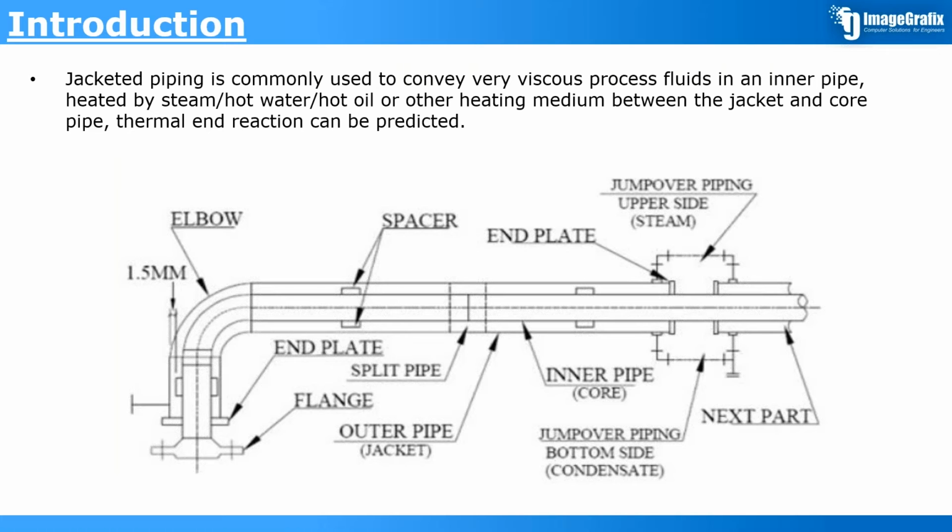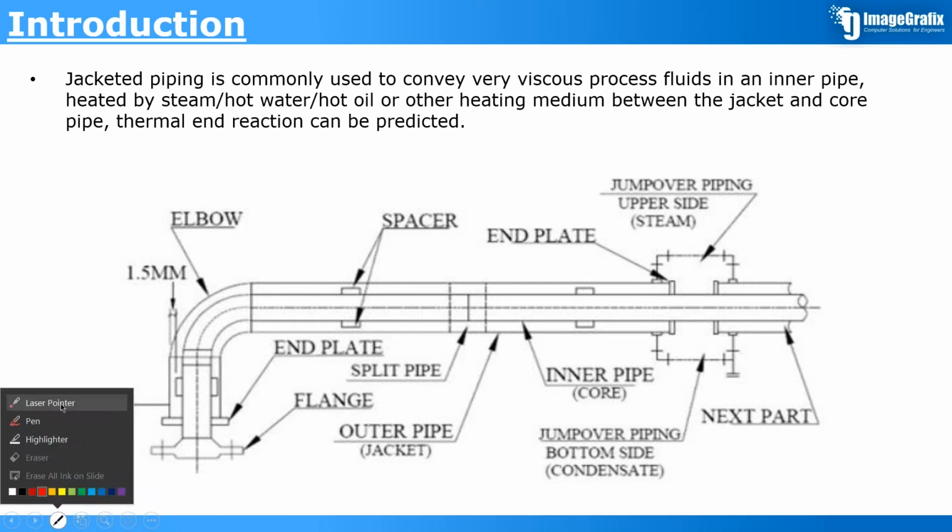To maintain that fluid in the fluid state, we provide an external pipe where steam, hot water or hot oil is used as a heating medium, which is called the jacket. The core pipe is the actual pipe through which my actual fluid flows, and the outer pipe is called my jacket, where my steam, hot water or hot oil flows.